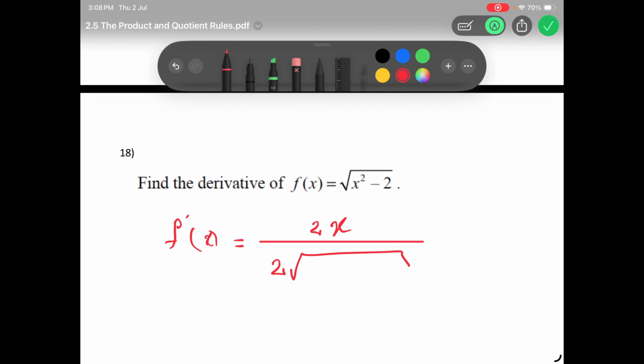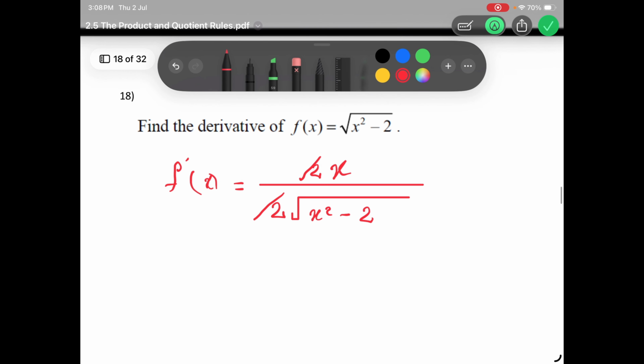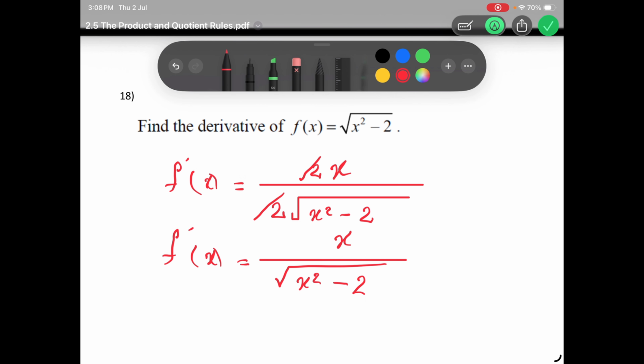This is how we treat square root. So x squared minus 2. Of course we can eliminate this 2 with this 2. It will be easier on the eyes, more decorative, and simpler as well. So here x divided by the square root of x squared minus 2.